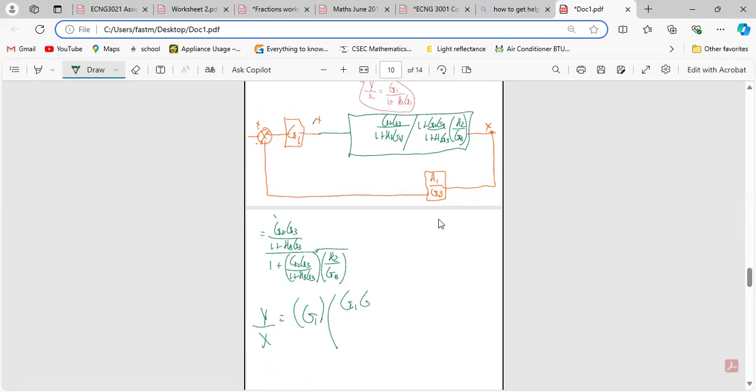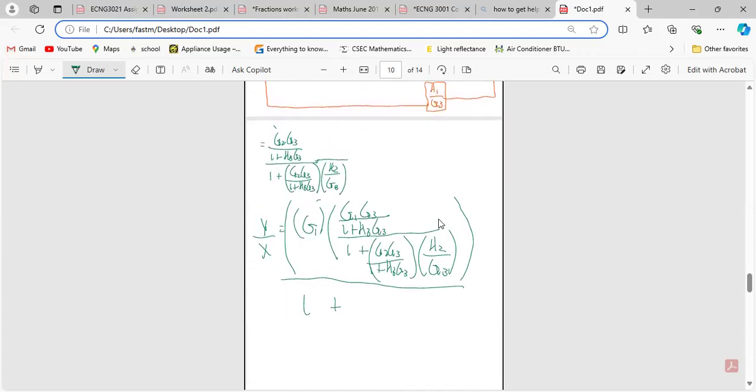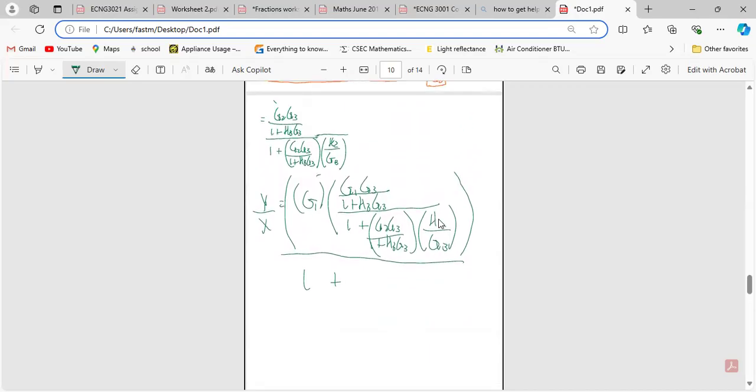Multiply by this, and divide by 1 plus the product of those two. I'll just space it out.